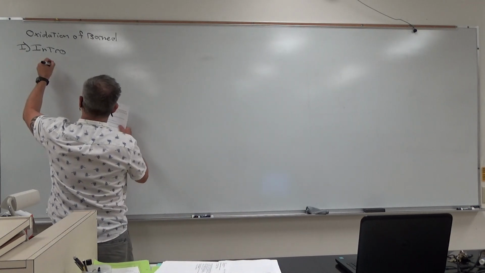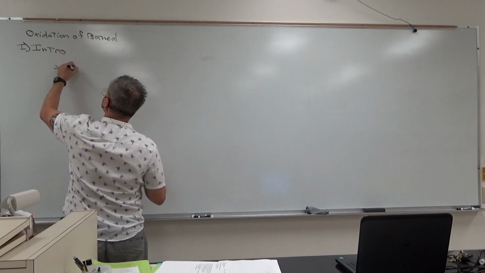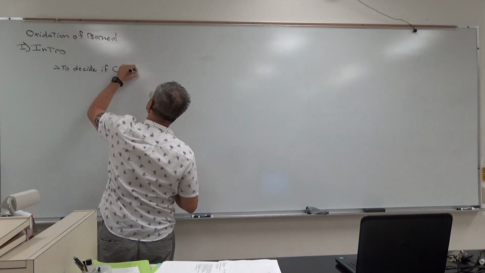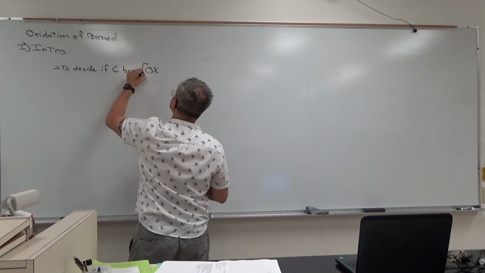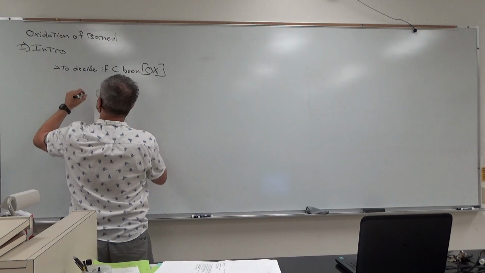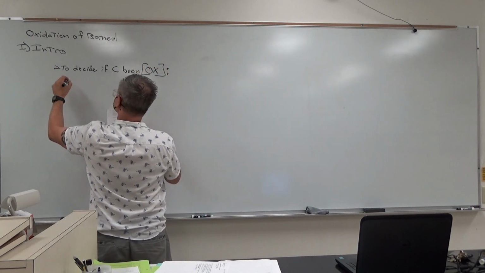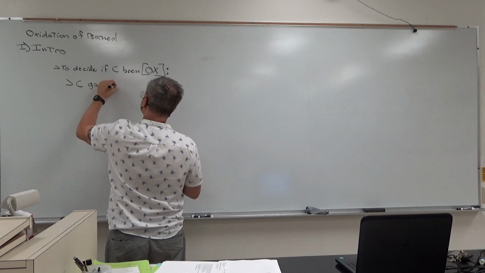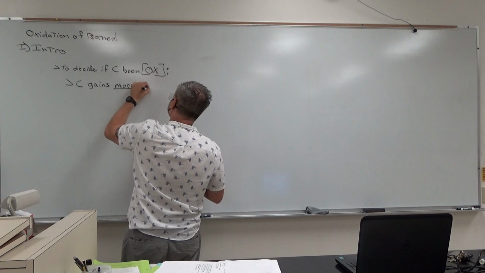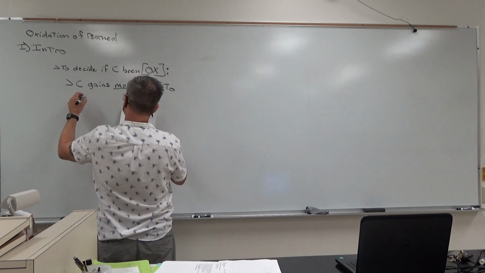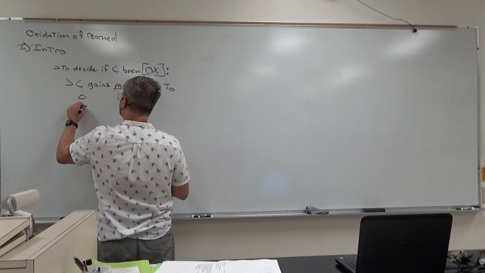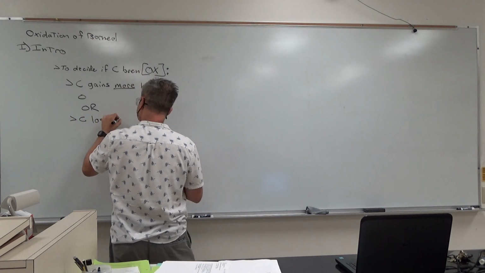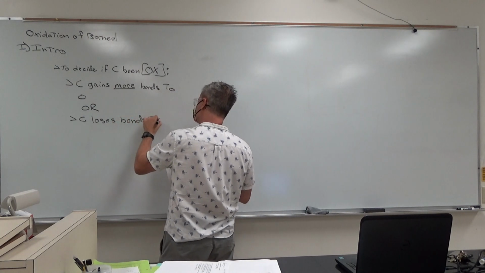So let me write that down super quick. To decide if a carbon has been oxidized: carbon gains more bonds to oxygen, or carbon loses bonds to hydrogen.